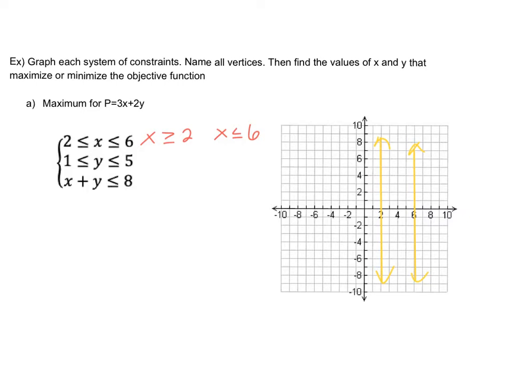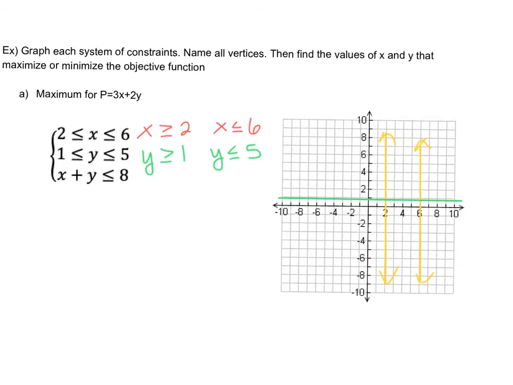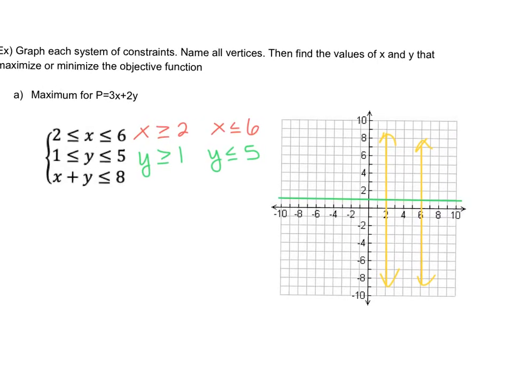All right, the next one is another compound inequality, and if you want, you can rewrite it as y is greater than or equal to 1 and y is less than or equal to 5. So what does this look like? These are horizontal lines. So a horizontal line at 1, and then there's a horizontal line at 5.